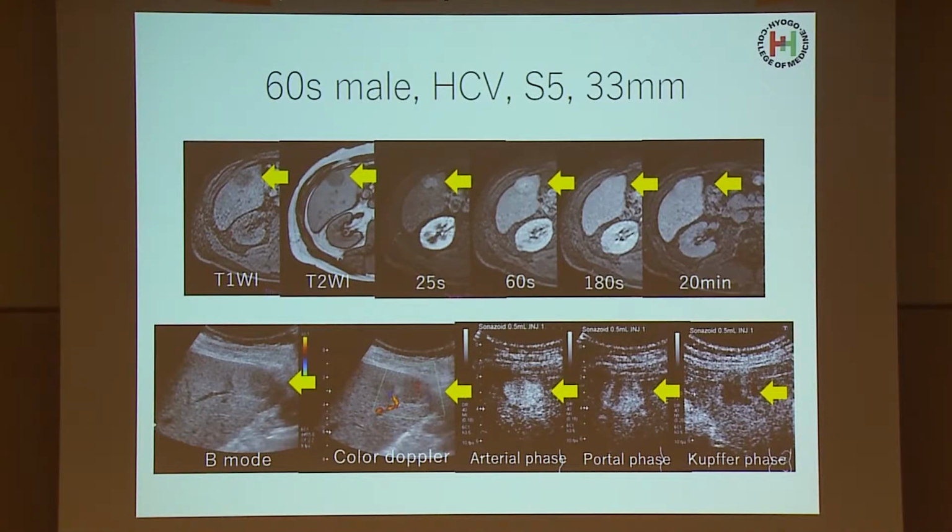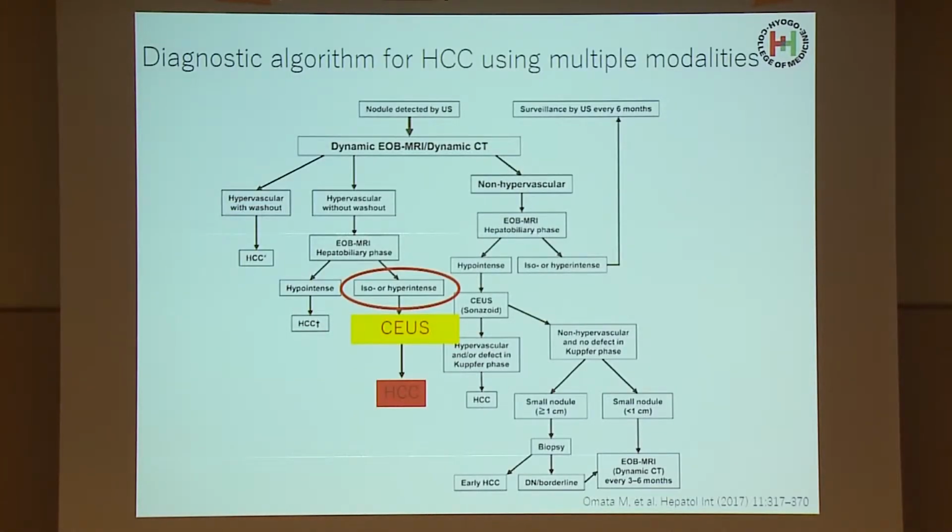On the other hand, this nodule was identified as a hypervascular nodule on the arterial phase with partial washout and hypointensity in the Kupffer phase in CEUS. Accordingly, this nodule was diagnosed as HCC. The above results suggest that a hypervascular nodule without washout and iso- or hyperintense on the hepatobiliary phase can be diagnosed as HCC by CEUS.